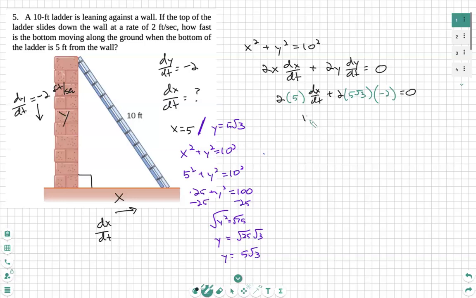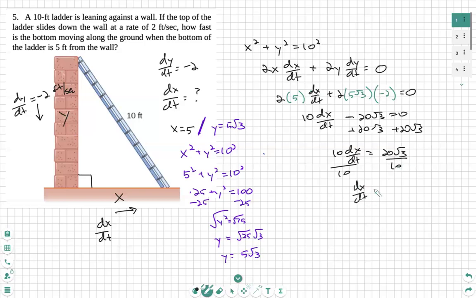So then we're going to continue to solve. 10 dx/dt minus 20 root 3 equals 0. And then we're going to add 20 root 3 to the other side. We have 10 dx/dt is equal to 20 root 3. We will divide by 10. We see that dx/dt is equal to 2 root 3.